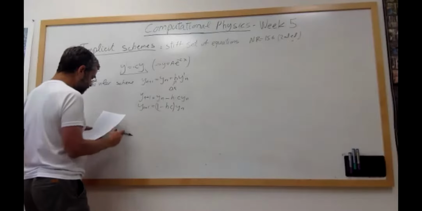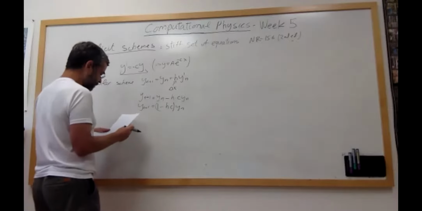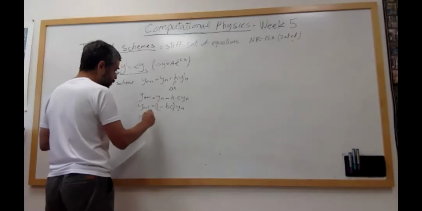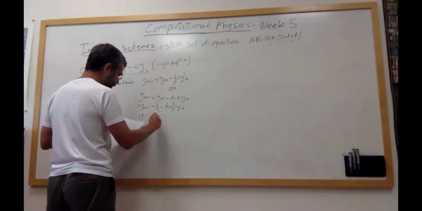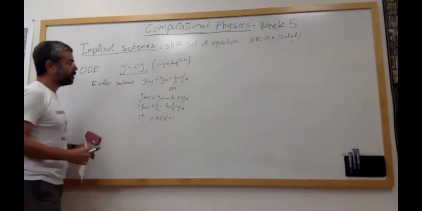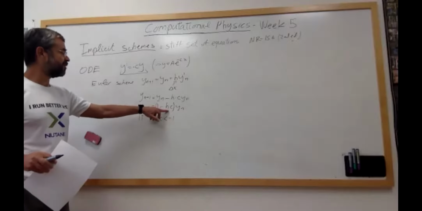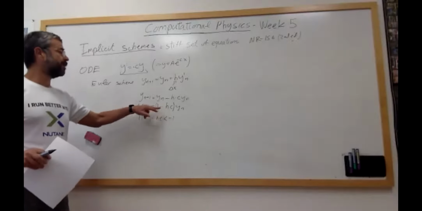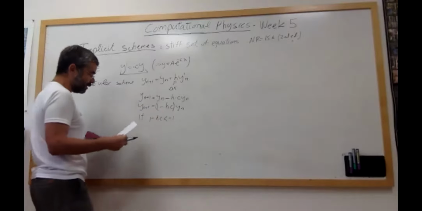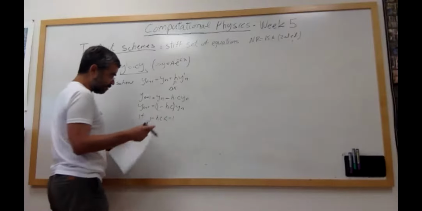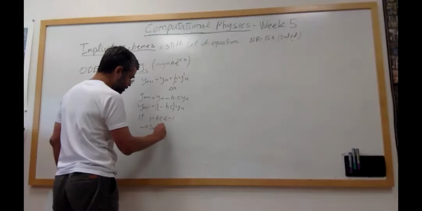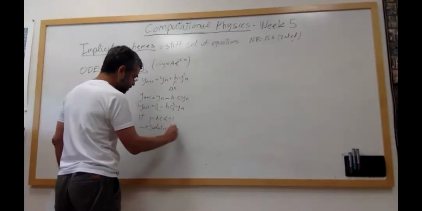So generally, if 1 minus hc is smaller than minus 1, so we're assuming hc is positive, so this cannot be larger than 1, but it can be smaller than minus 1, then obviously the solution diverges.